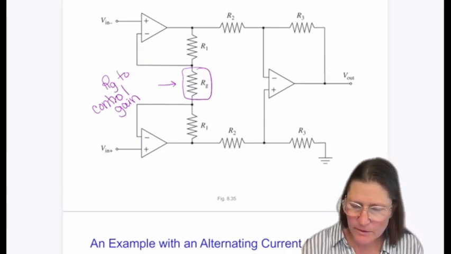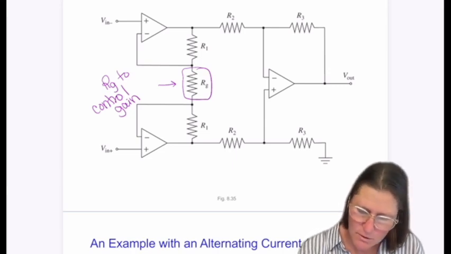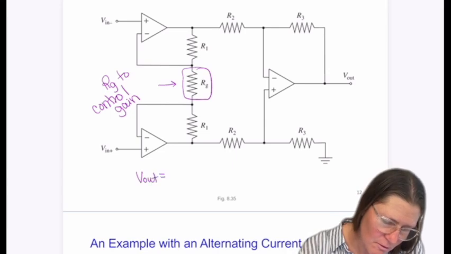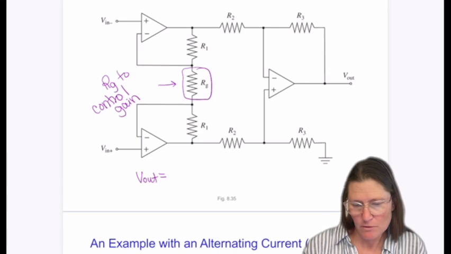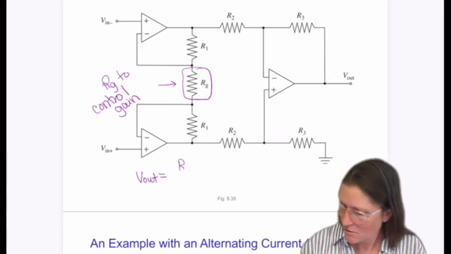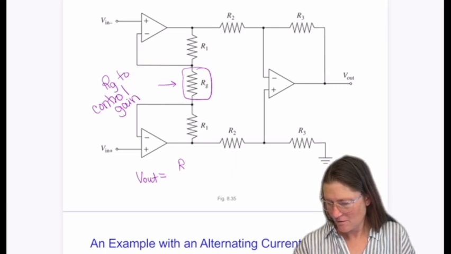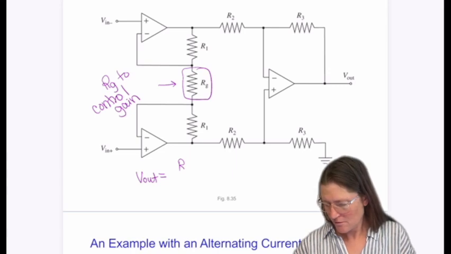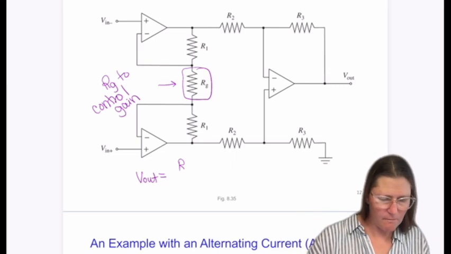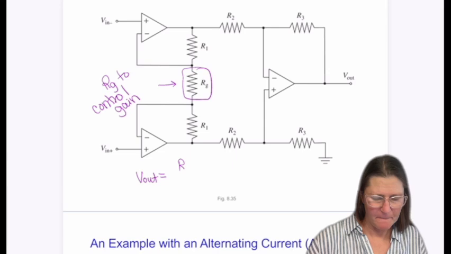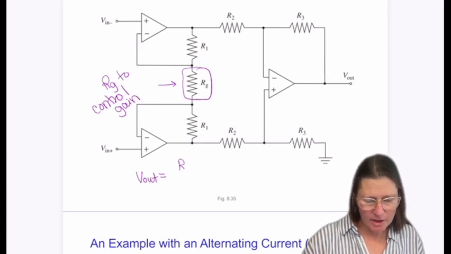Let's see, it would be R3 over R2. So you can derive this the same kind of way that we did before.